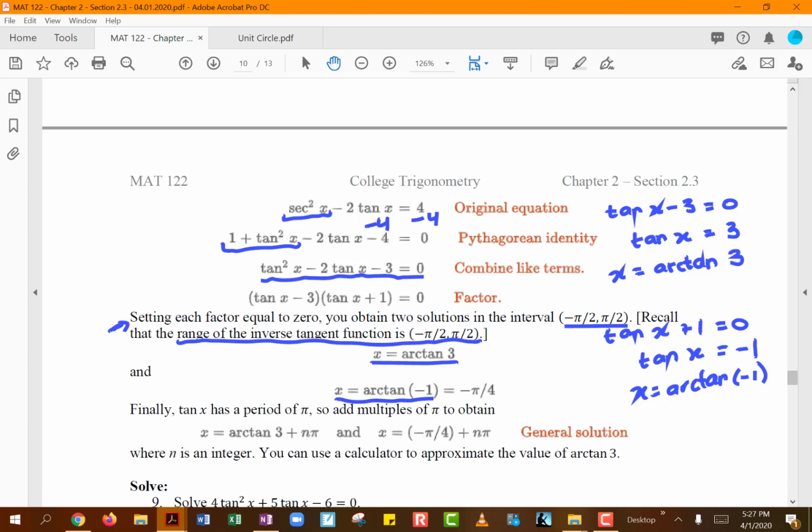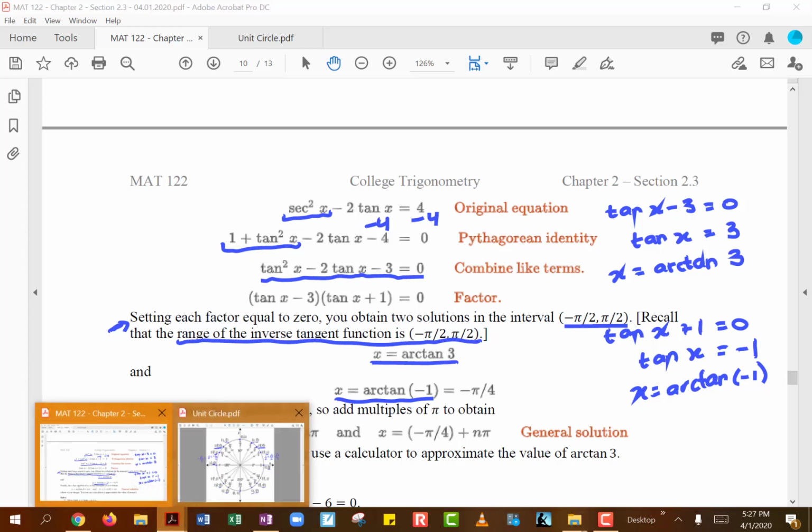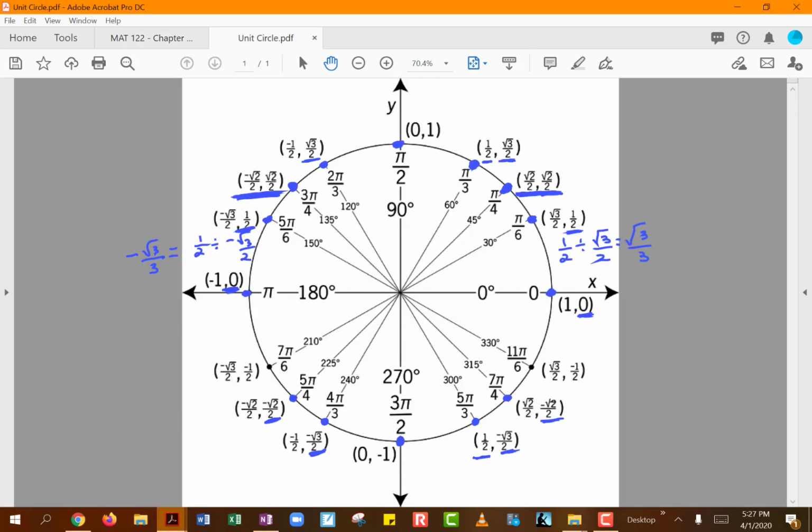So if you actually look at your unit circle, it can help you come up with those numbers. Remember your interval goes from negative pi halves to positive pi halves, which means you're looking at quadrants 1 and 4 to find your answers. Since we are looking at an angle of negative pi halves, you're going partially in the clockwise direction and partially in the counterclockwise direction.